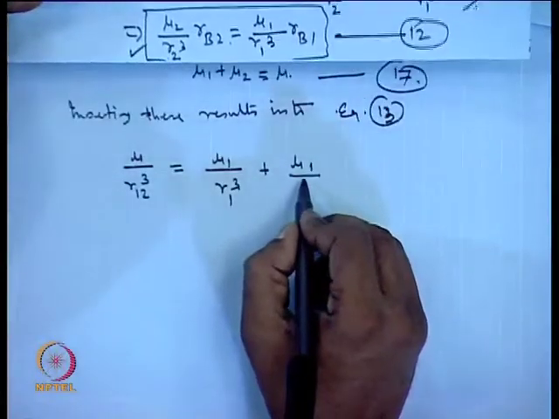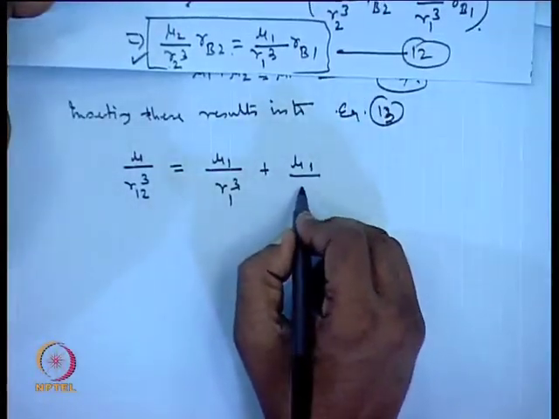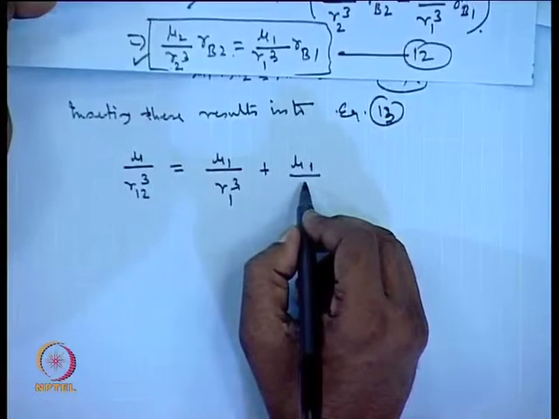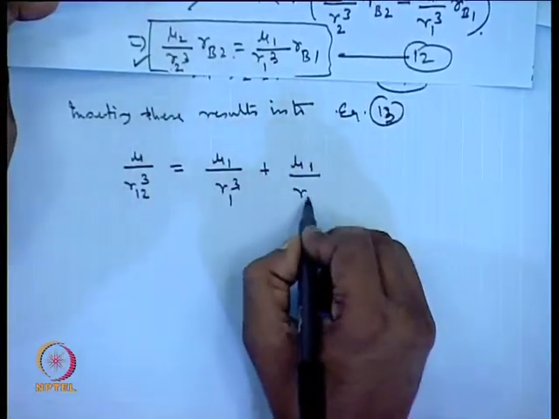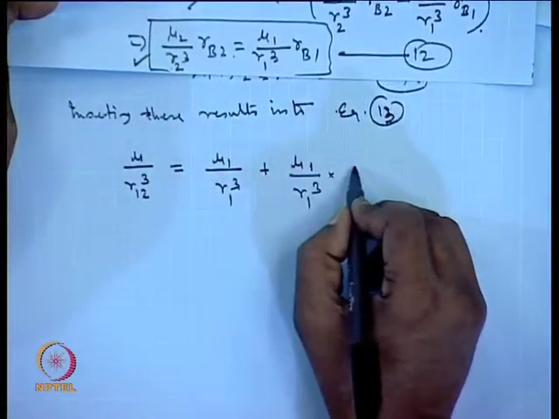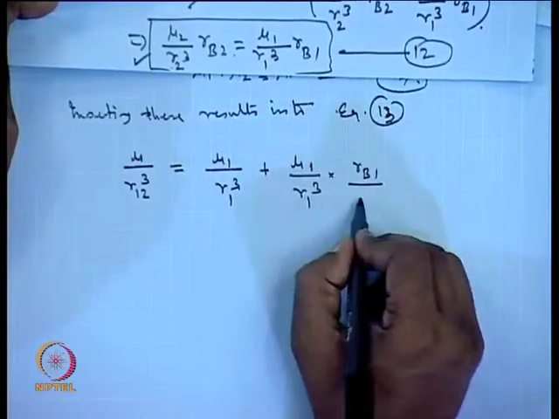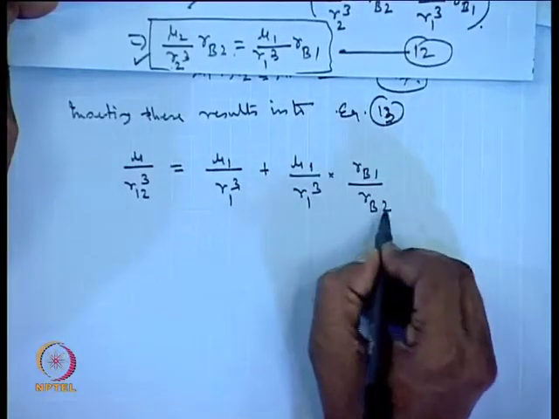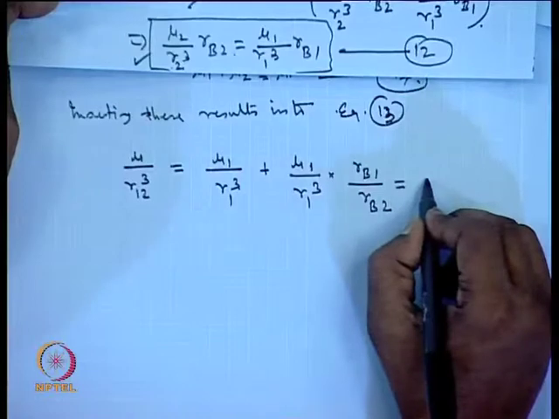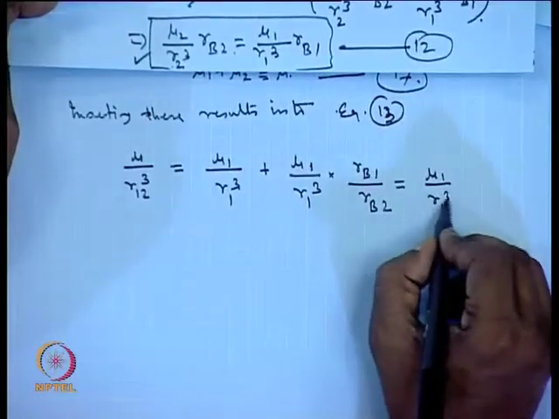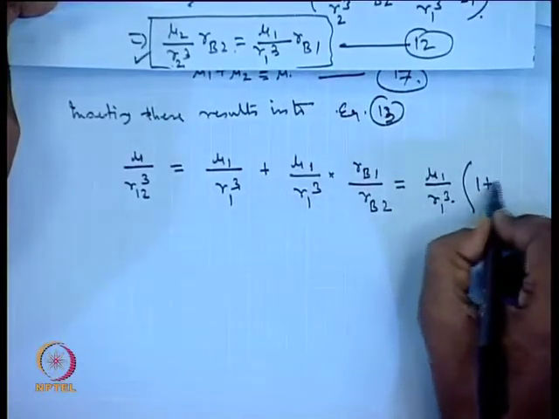So, mu 2 by r 2 cube becomes mu 1 by r 1 cube times r b 1 by r b 2. So, we can take out mu 1 by r 1 cube.